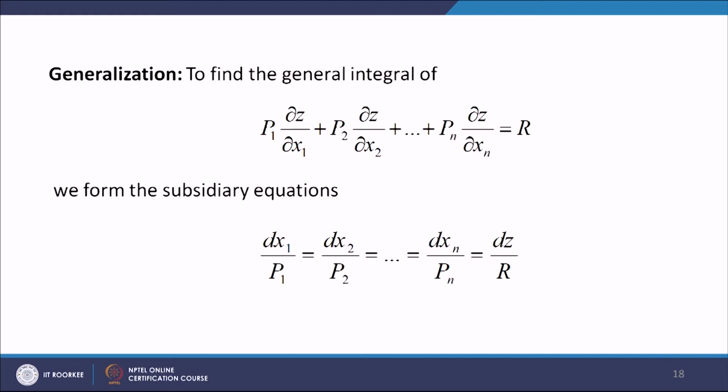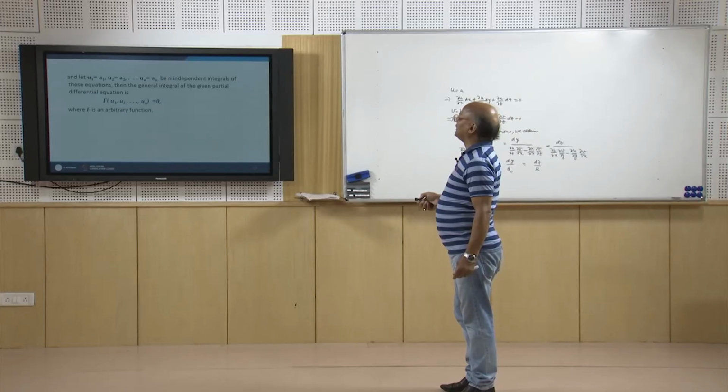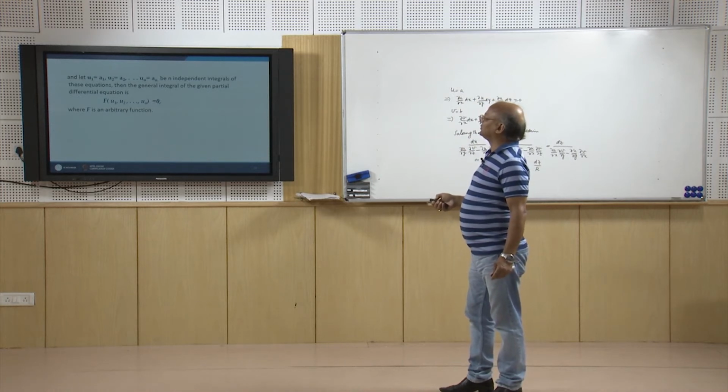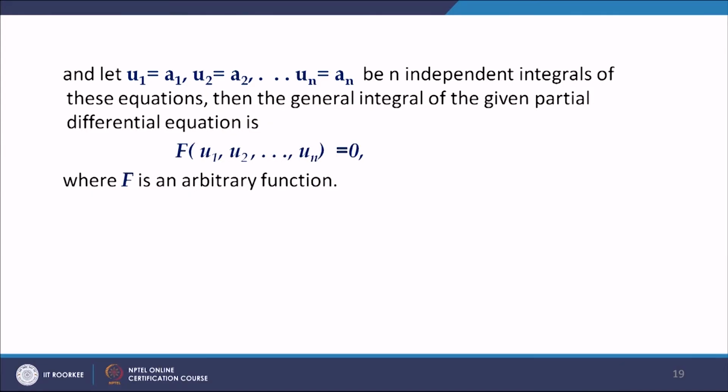Then we form the subsidiary equations dx1 over p1 equal to dx2 over p2 equal to ... equal to dxn over pn equal to dz by r, and obtain the n independent solutions u1 equal to a1, u2 equal to a2, ..., un equal to an of these subsidiary equations. Then the general integral of the given partial differential equation is written as f of u1, u2, ..., un equal to 0, where f is an arbitrary function.